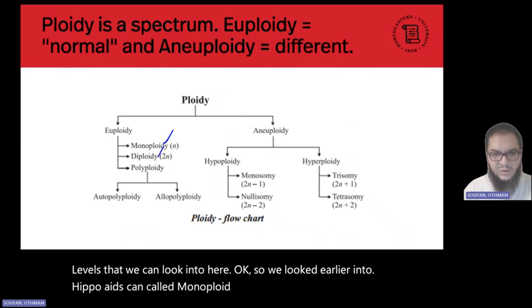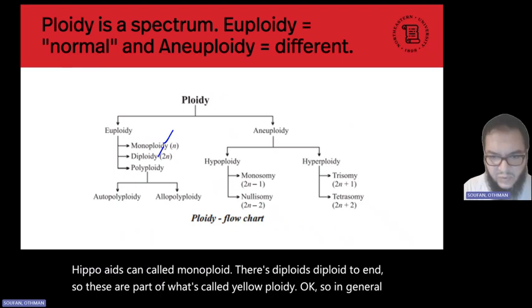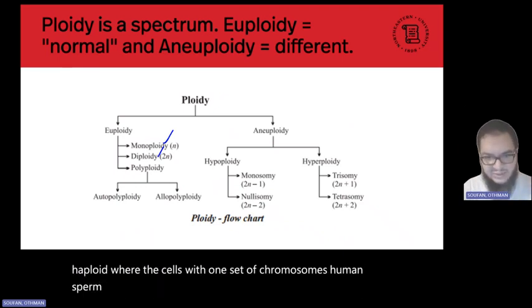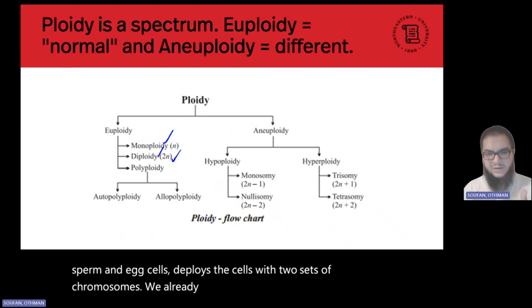There's diploids, diploidy, 2N. These are part of what's called euploidy. In general, haploid cells have one set of chromosomes, like human sperm and egg cells. Diploids are cells with two sets of chromosomes. We already discussed this earlier.